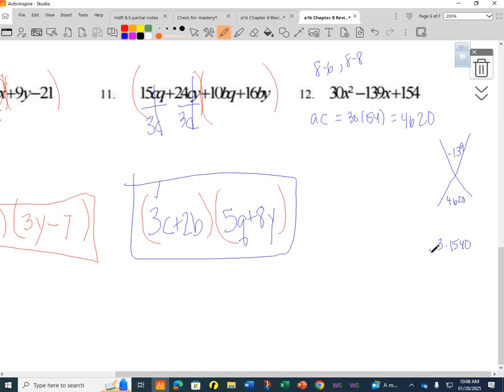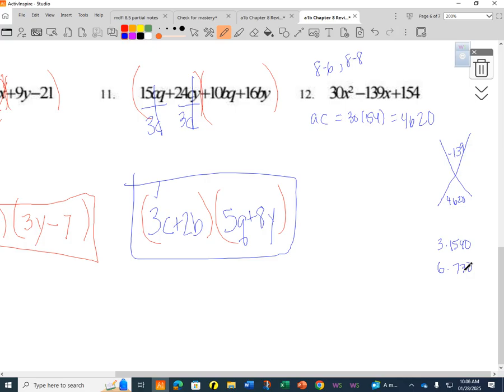Let's try 6. 4620 divided by 6 is 770. That would be 6 plus 770, so not even close.